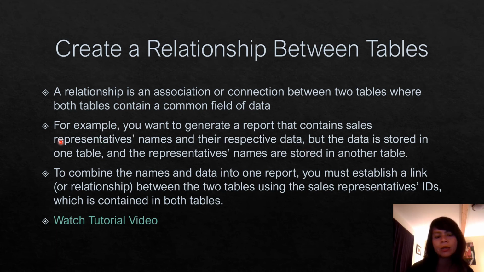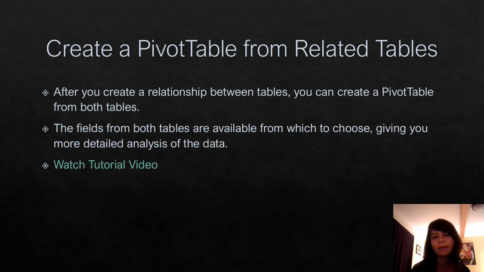But that data is stored in one table, and then the representatives' names are stored in another table. So to combine the names and data into one report, you have to establish a link or a relationship between the two tables using the sales reps ID, which is contained in both the tables. So in the video tutorial, I show you how you can create a relationship between the two tables.